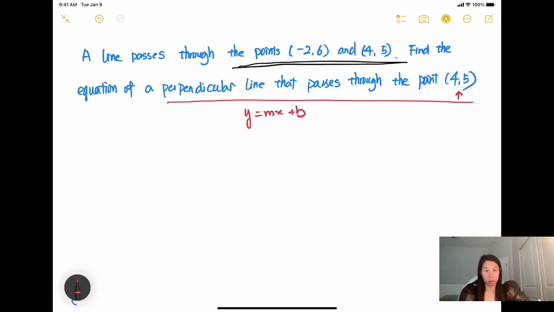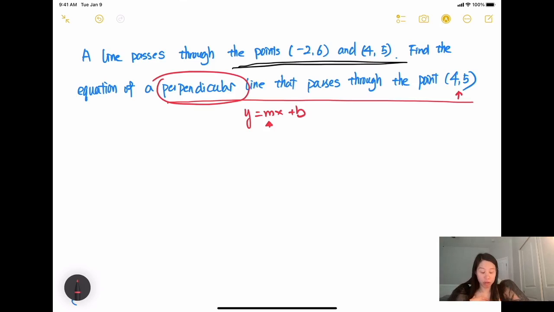Otherwise, giving you a point is not enough information. However, in here, they tell you that this is perpendicular to the black line, the first line. So that means I may be able to find the slope. Once I find the slope, all I need to do is plug in the point. I will be able to find the red line's y-intercept, b.